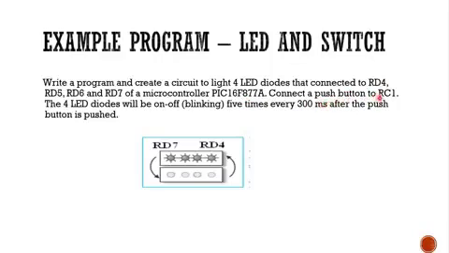Connect a push button to RC1 so that the LED diodes will be turned on and off, a blinking effect 5 times with every period 300 milliseconds after the push button is pressed. After you press the push button, the LEDs will blink 5 times, with a delay for every blink of 300 milliseconds.